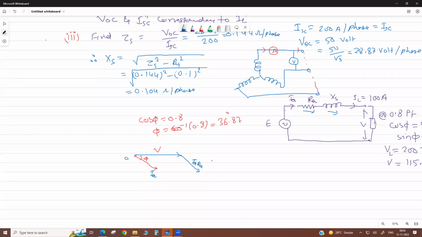And the drop in reactance is perpendicular, it makes a 90 degree here. So this is IA XS. Now this plus this, this voltage and this drop, will give you here the induced voltage E. Okay, so he is asking for this E voltage.